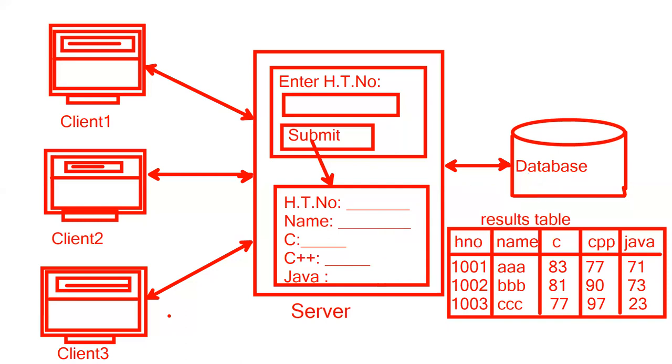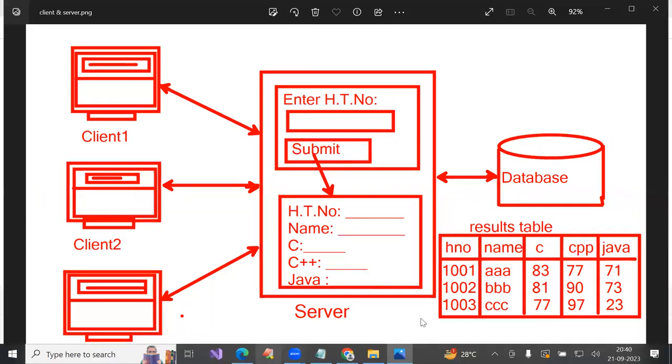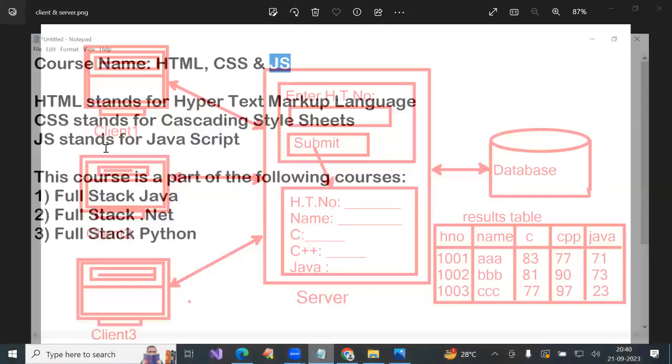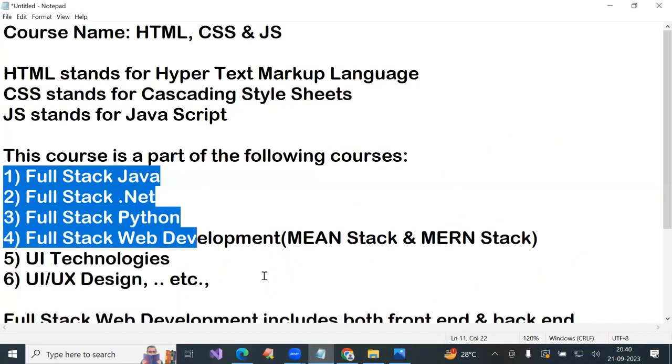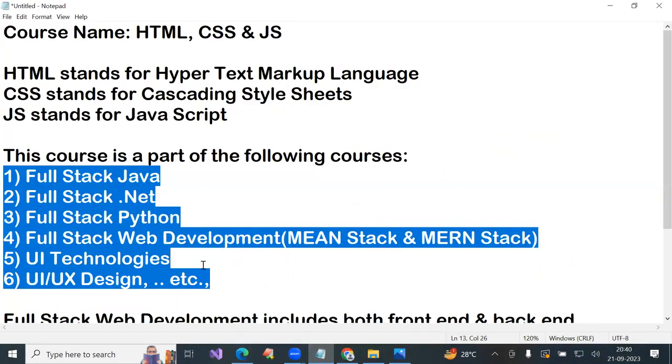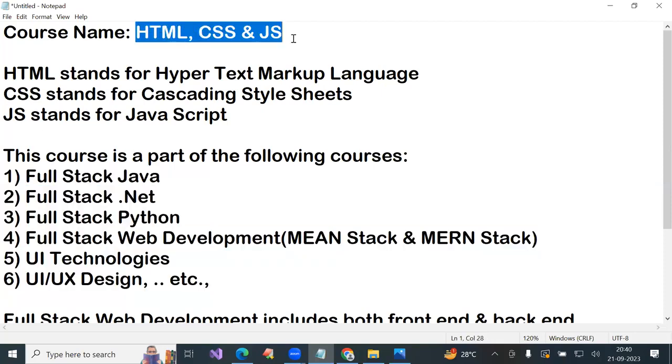So different courses are there, and different people are attending. But for all people, HTML, CSS, JavaScript is the same. No change. Even if you are a Java student, .NET student, Python student, or full stack web development student, HTML, CSS, JavaScript is the same for all.